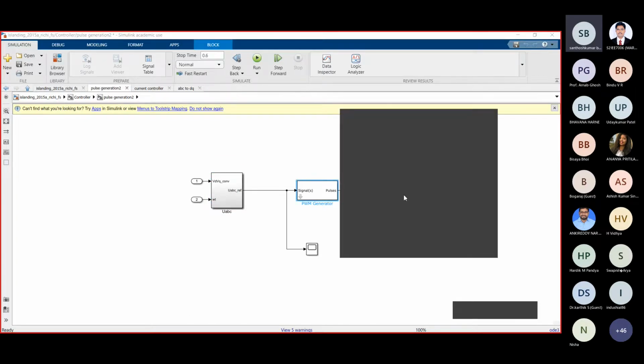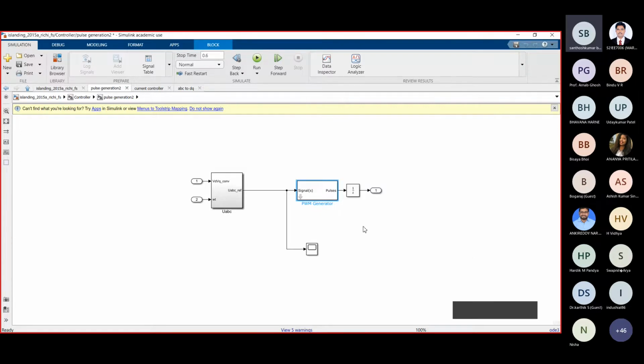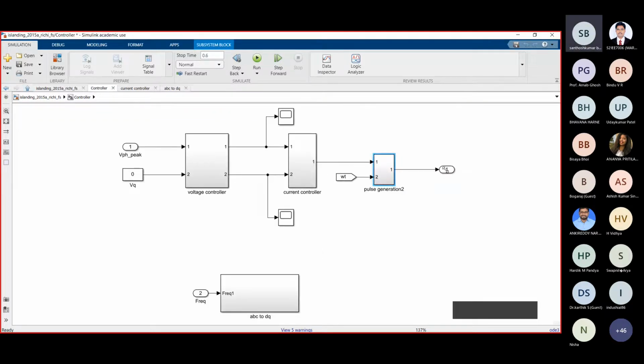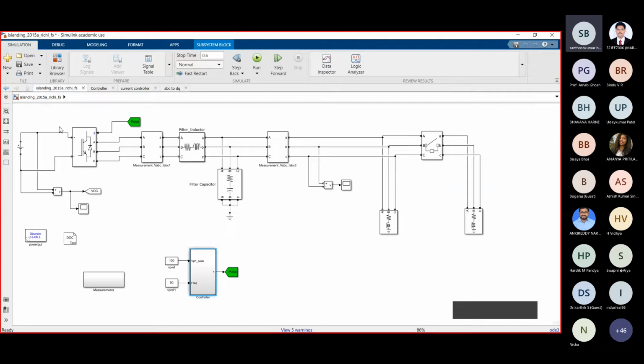Here, the 3-arm bridge gives 6 pulses. This is my switching frequency, and if you provide MABC, this block can generate the PWM pulses for the simple 3-phase voltage source inverter. The 6 pulses I am directly giving to my universal bridge.